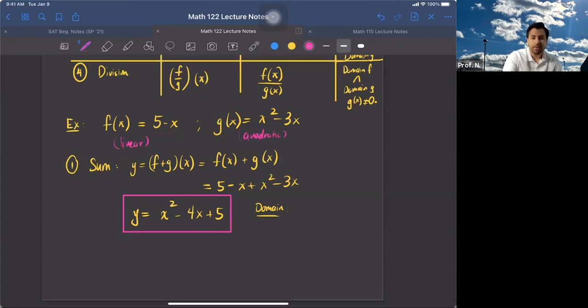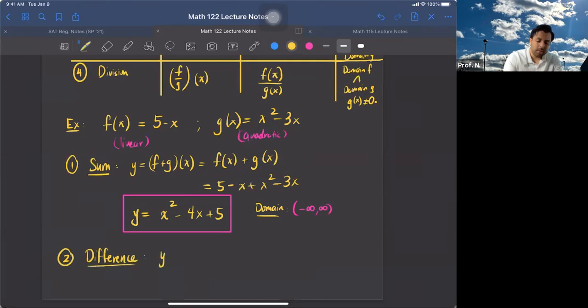One thing that's nice about these two functions is that the domain of both is all real numbers. What's the intersection of all real numbers with all real numbers? It's all real numbers. So the domain here is negative infinity to infinity. Pretty straightforward, I hope.